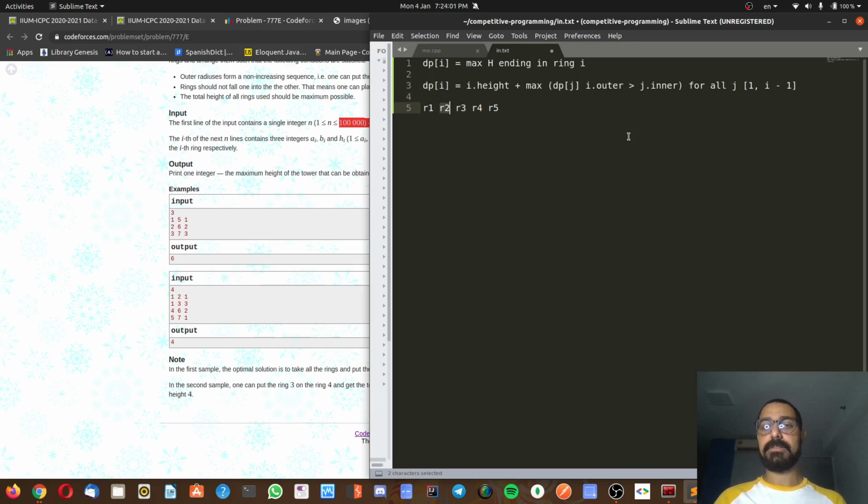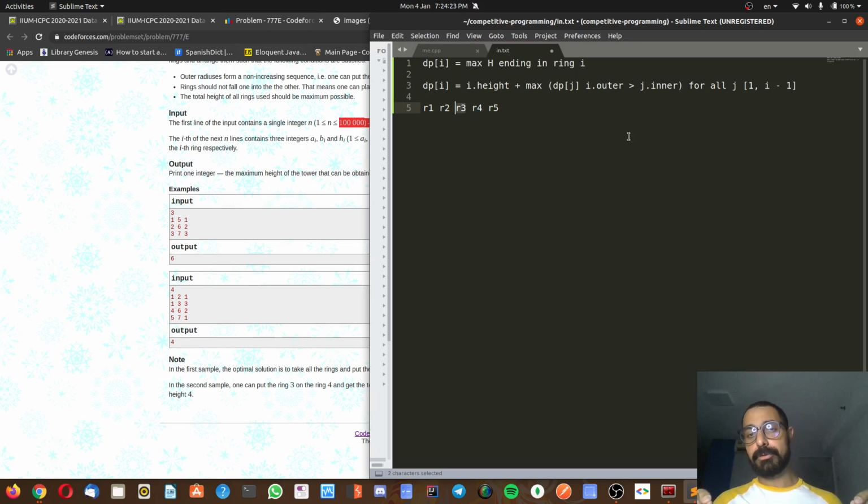Let's say ring 3 is not valid, I cannot stack 4 on top of it, but I can stack ring 4 on top of ring 2 and ring 1. In the straightforward way to solve this dynamic programming, you would check every one of them. But there is another observation: you only need to consider ring 2 but not ring 1. Why?